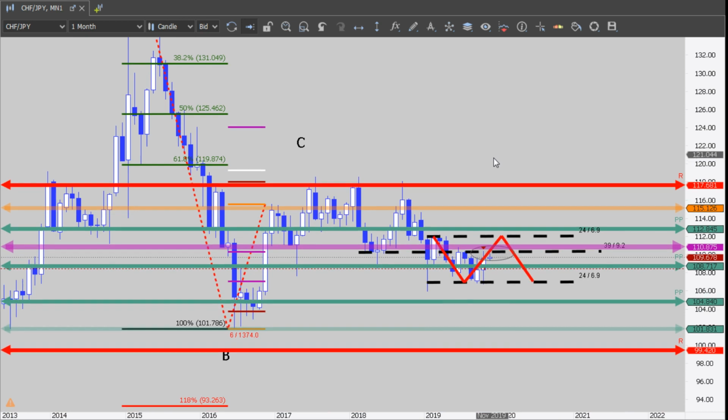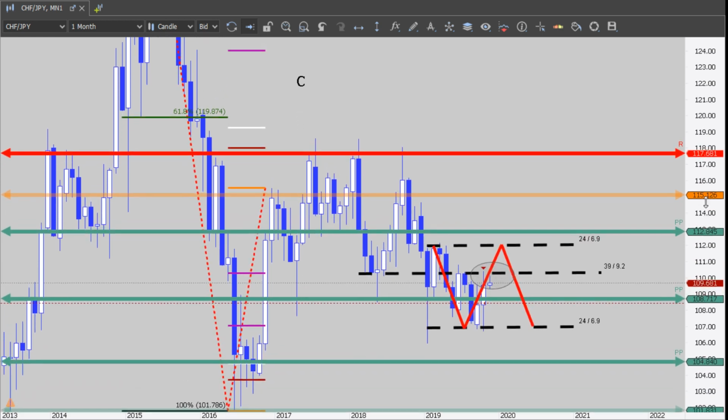Maybe not the perfect one, but this is a nice chart. Okay, we have the Fibonacci's, we have the original one, we have the contrarian one, and delete this one. And we have pivot points, and we have support and resistance levels.